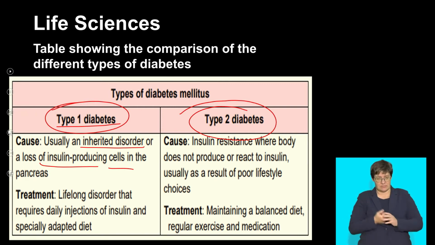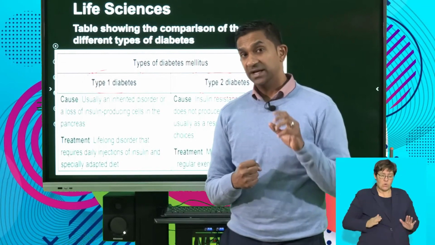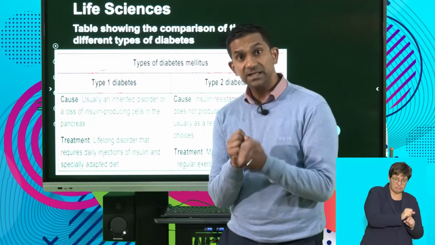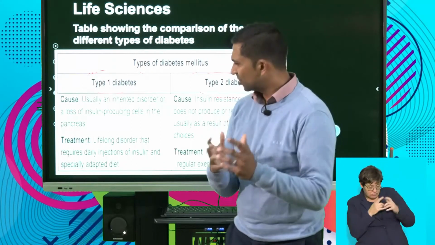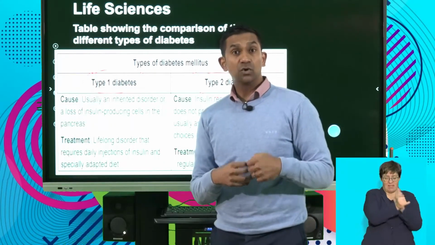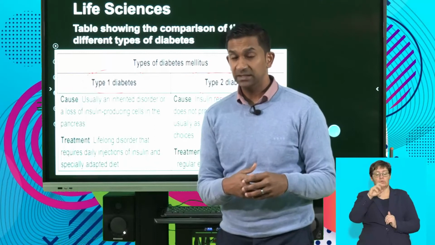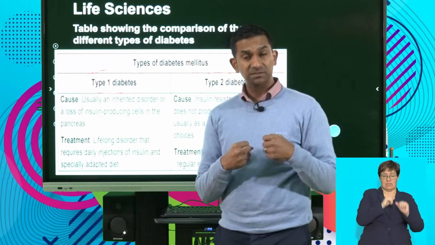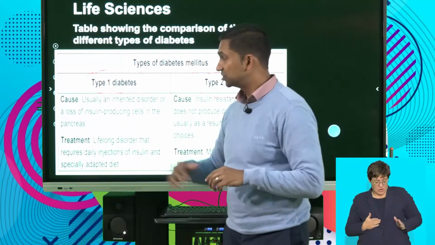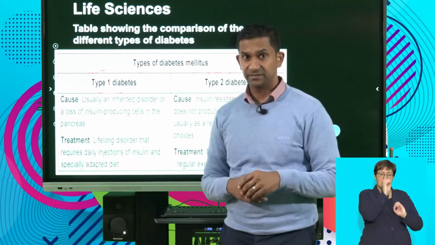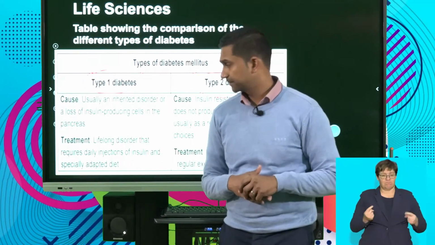So we refer to type 1 as an inherited disorder where the immune system attacks and destroys the cells that make insulin. So it's often referred to as an autoimmune disorder, meaning that the body's immune system destroys the cells that produce insulin. That is inherited, and you don't have control over that. Okay?